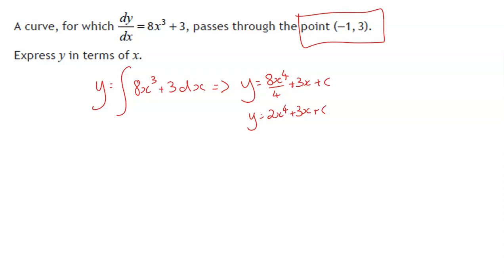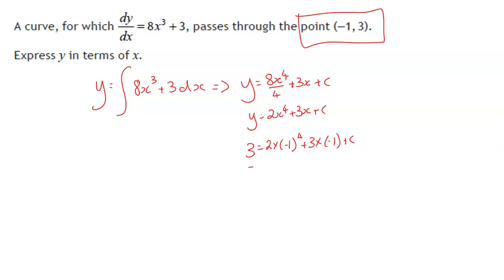So I can use that fact and substitute that into the equation to be able to determine the value of c. So if I substitute y as 3 and I substitute x as -1, what I'll get is that 3 is equal to 2 times -1 to the power of 4 plus 3 times -1 plus c.